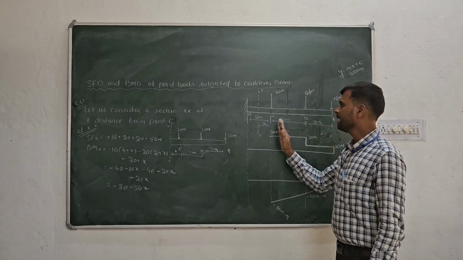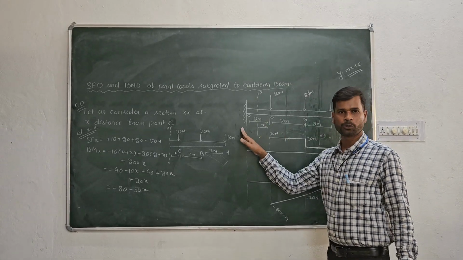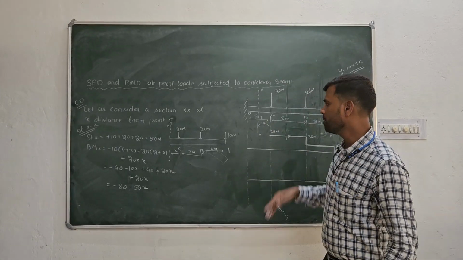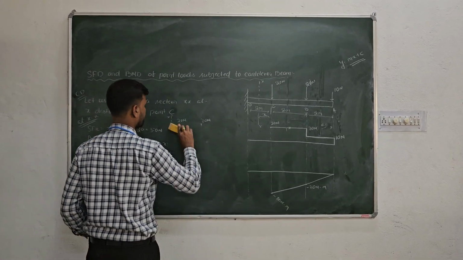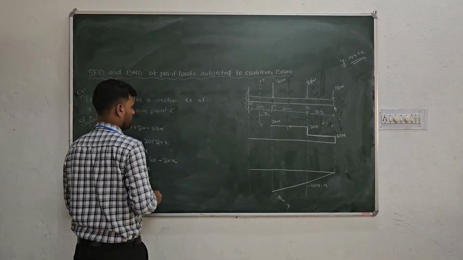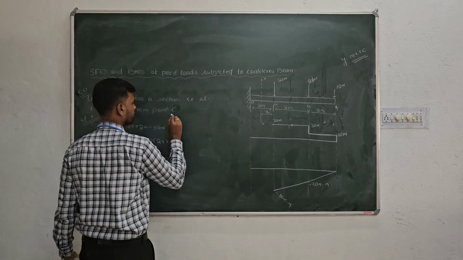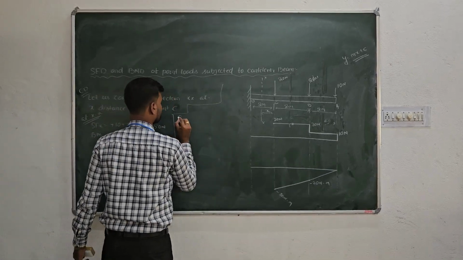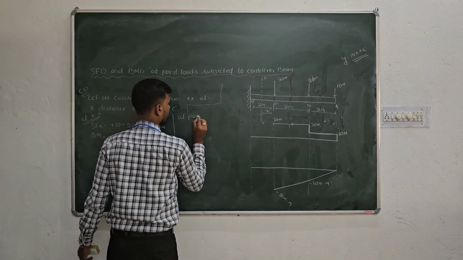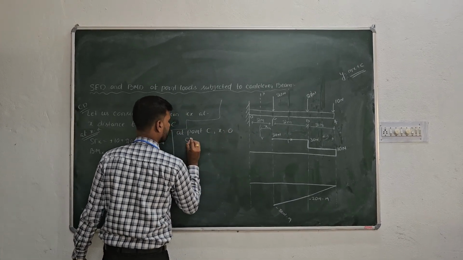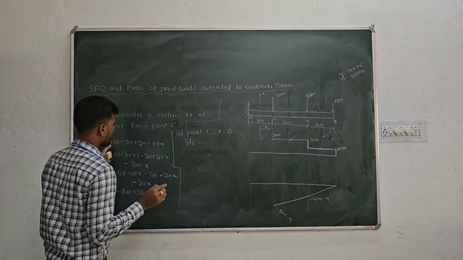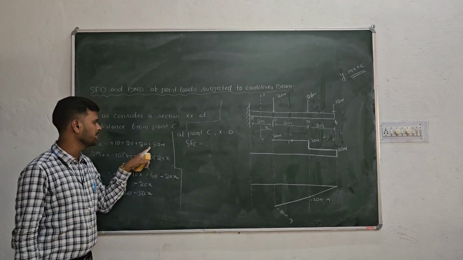Now for point C, x is 0, for point D, x is equal to 2. Just put this in just like our previous case and you will get shear force and bending moment at points C and D. So at point C, x equal to 0. So SF at C remains the same because it is independent of x.